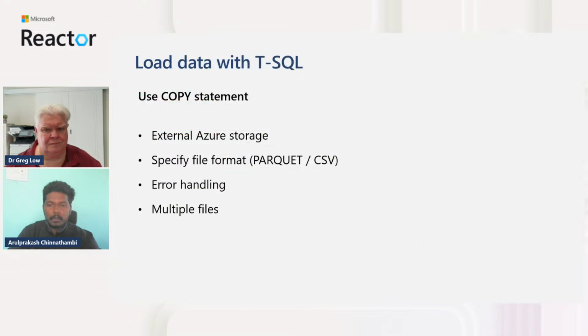We have one more option to load the data into warehouses: the T-SQL COPY statement, which serves as the main method for importing data into the warehouse. It facilitates efficient data ingestion from an external Azure storage account.